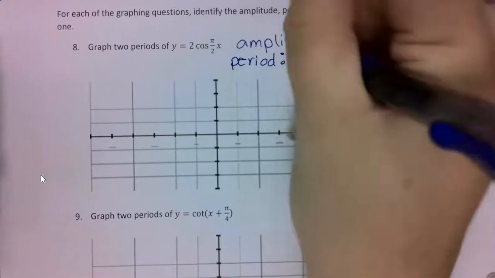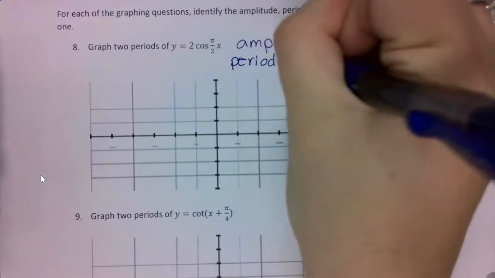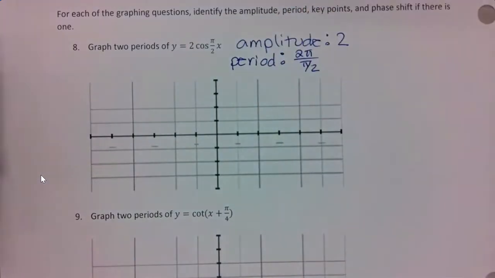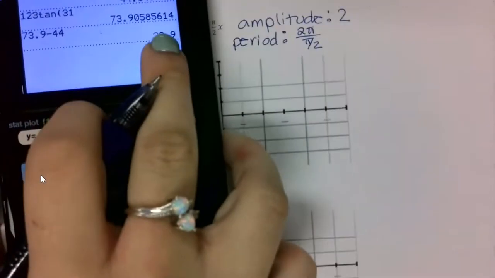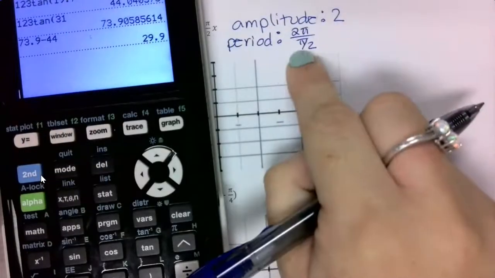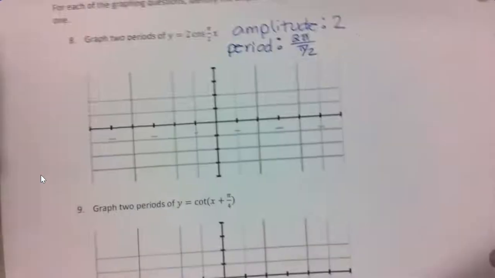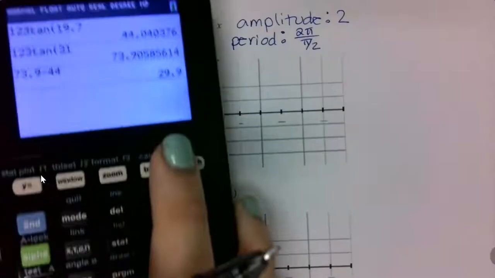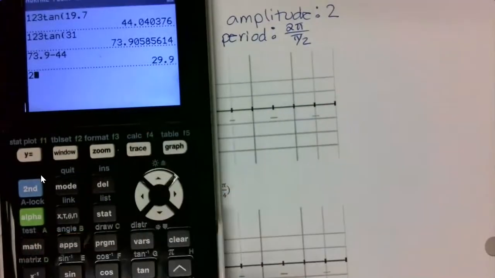So this is 2 pi divided by pi halves. So I'm going to type this one into my calculator. I don't think I'll give you one that has pi in the period, pi in the coefficient, but it's on the review, so I'll have you guys work it through there.